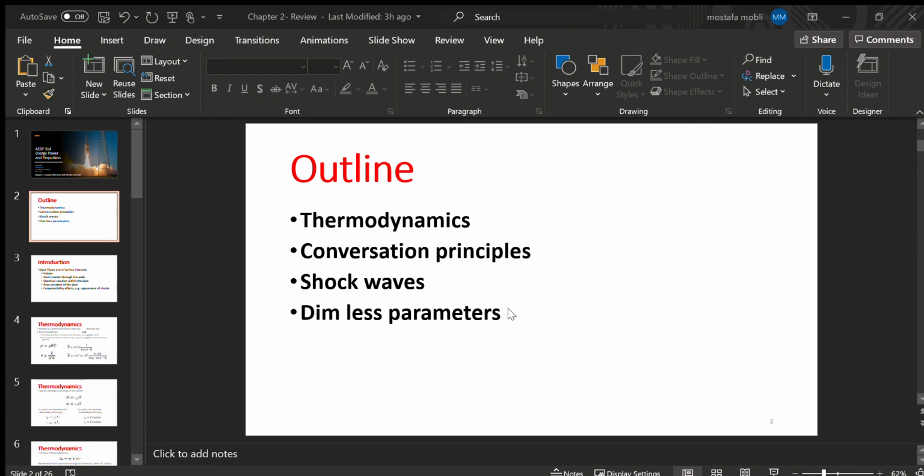As long as you are higher than Mach 1, let's say Mach 1.2, you will see the shock wave generation.